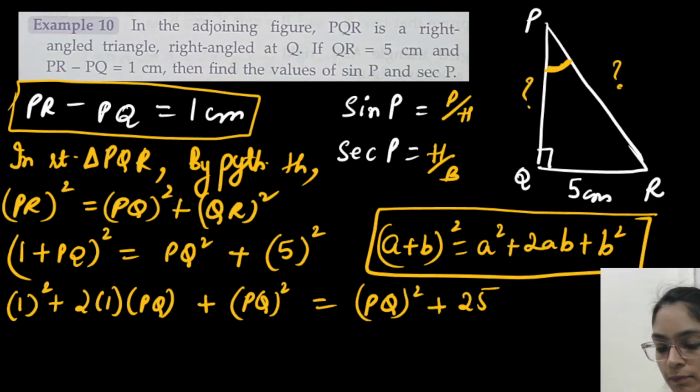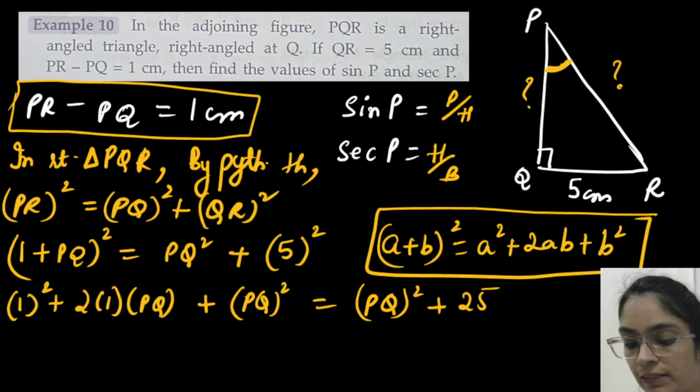So I have just expanded 1 plus PQ whole square by applying the A plus B whole square identity. We can assume any one side. If you want, you can assume PQ, or X also, so no issues with that.